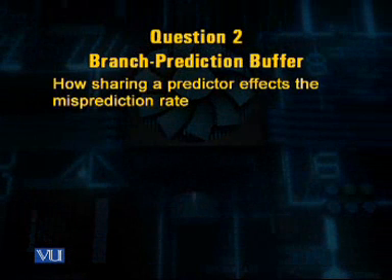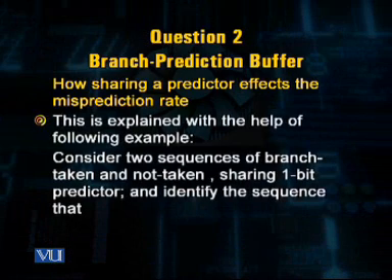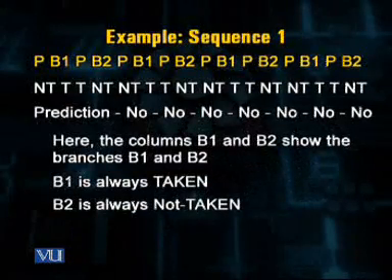This is explained with the help of an example. Here we consider two sequences of branches taken and not taken sharing a 1-bit predictor, and we will try to identify the sequence that reduces the misprediction rate or that increases the misprediction rate. For this, let us have a look at the first sequence.